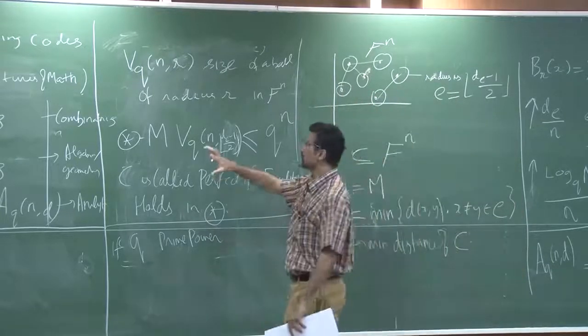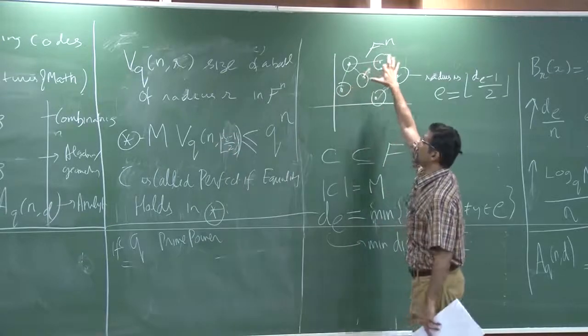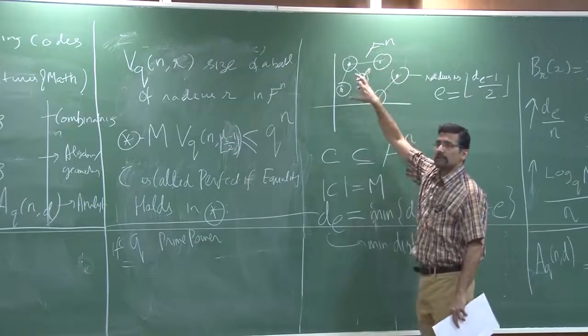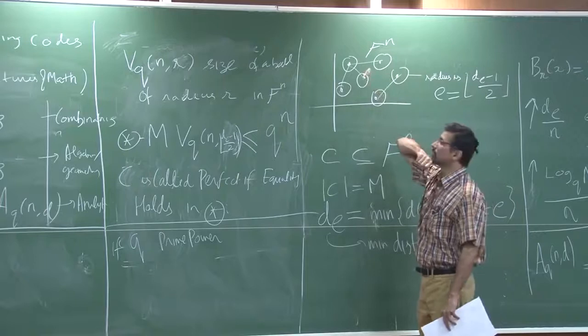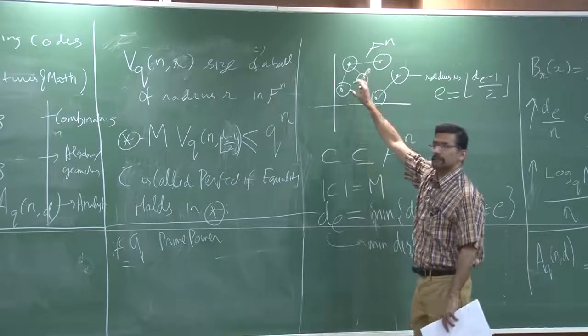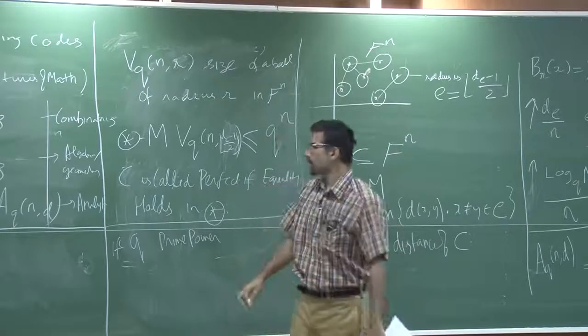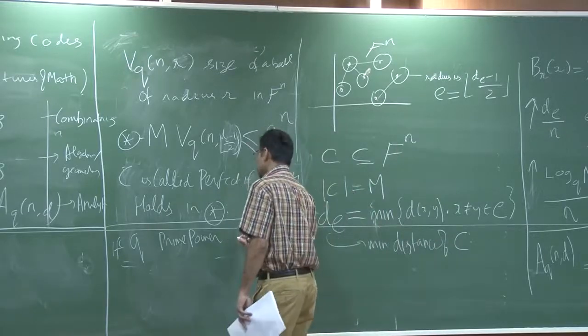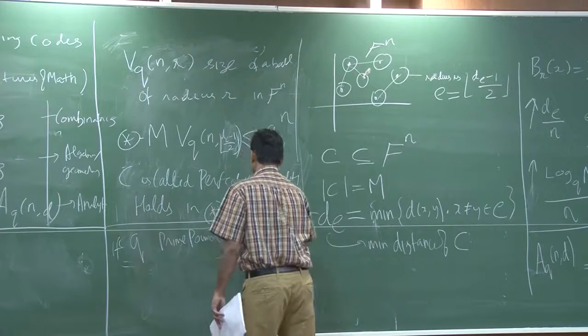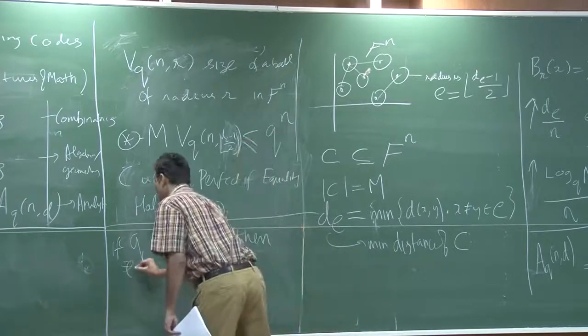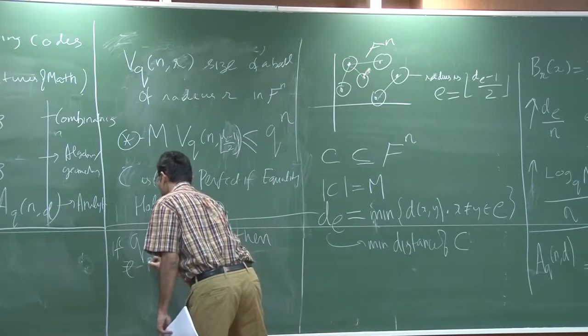We are looking at partitioning the ambient space into some number of disjoint balls of radius e, which actually end up covering the whole space. Then e-error correcting codes, or e-perfect codes.